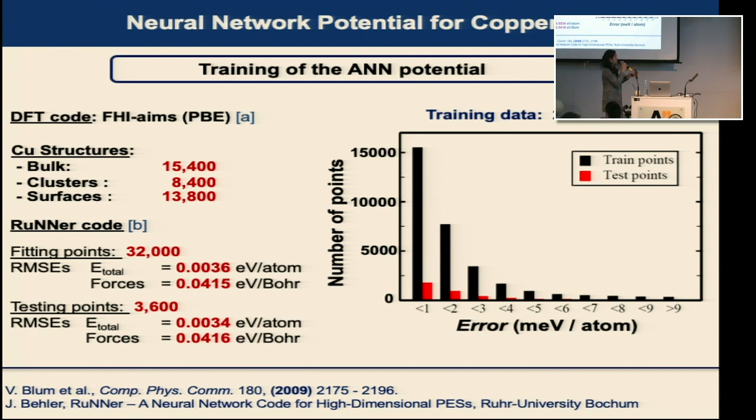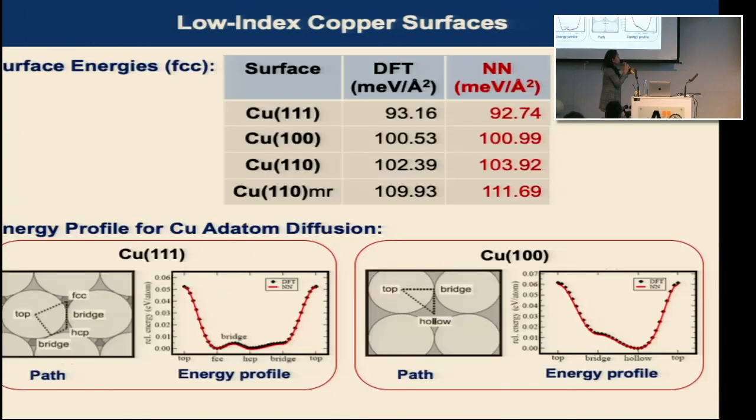Then we check the accuracy by calculating the surface energies. We use many different surface structures, like copper 111, copper 100, and also 110. This is the DFT surface energy, and this is our neural network surface energy that we predicted. You can see it already looks pretty close, right?